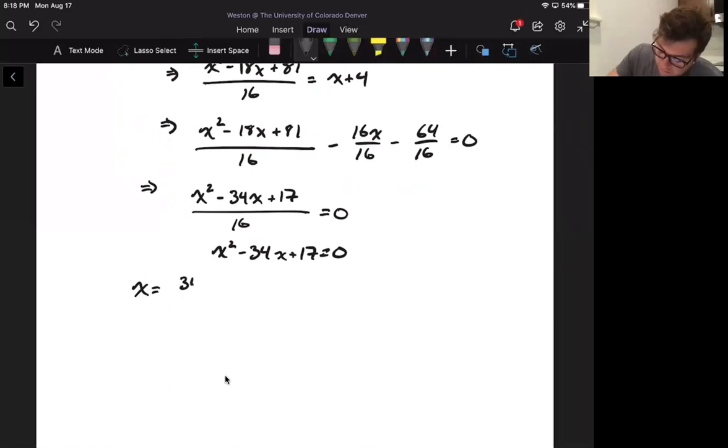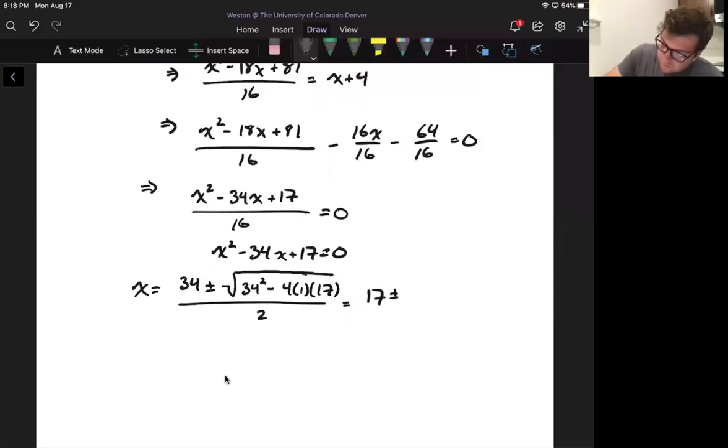So negative b plus or minus the square root of 34 squared minus 4 times 1 times 17, all over 2, which is 17 plus or minus the square root of 34 squared minus 34 times minus 68 over 2.